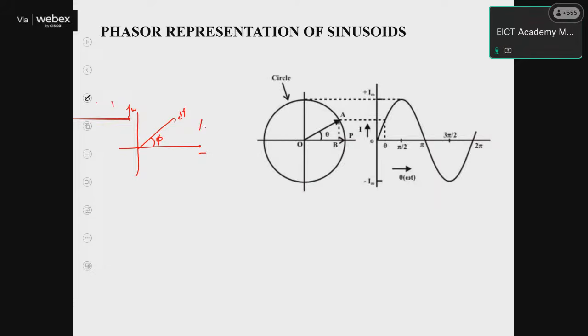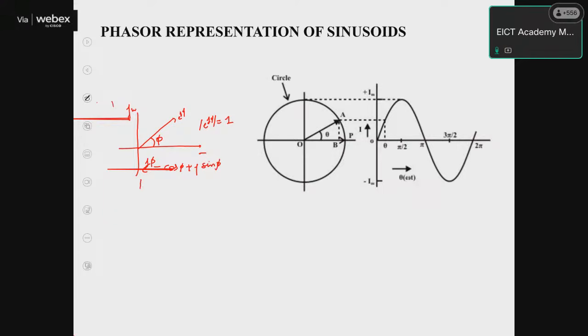The magnitude of e raised to the power j phi is always unity. That is, e raised to the power j phi is equal to cos phi plus j sine phi.